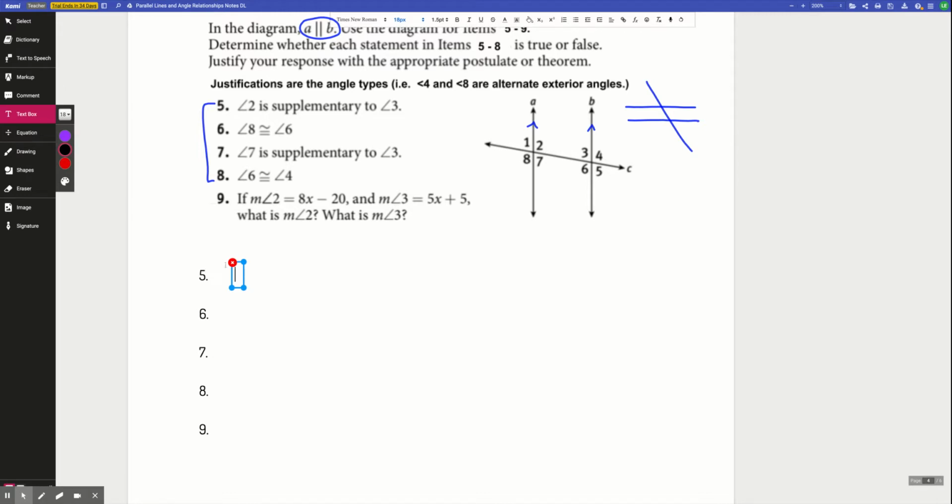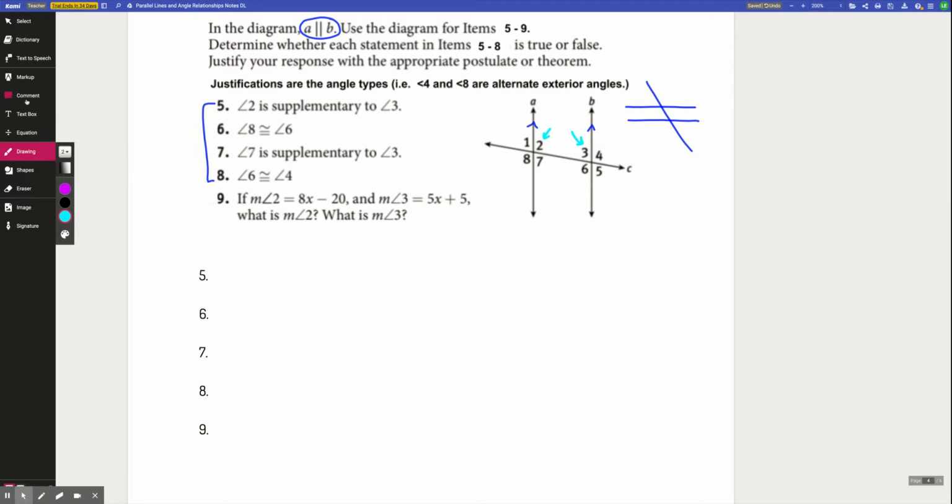If I look at angles 2 and 3, I ask myself the three questions. What's the angle relationship? Are they corresponding or vertical? The answer is no. Are they both inside or outside the parallel lines? They are both inside the parallel lines. Are they on the same side or opposite sides? They are on the same side.